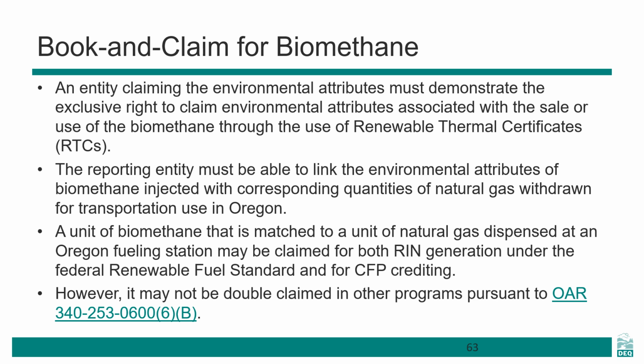A unit of biomethane that is matched with a unit of natural gas dispensed at a fueling station may be claimed for both RIN generation under the Federal Renewable Fuel Standard and for CFP crediting. However, it may not be double claimed in other programs pursuant to OAR 340-253-0600, Part 6B.